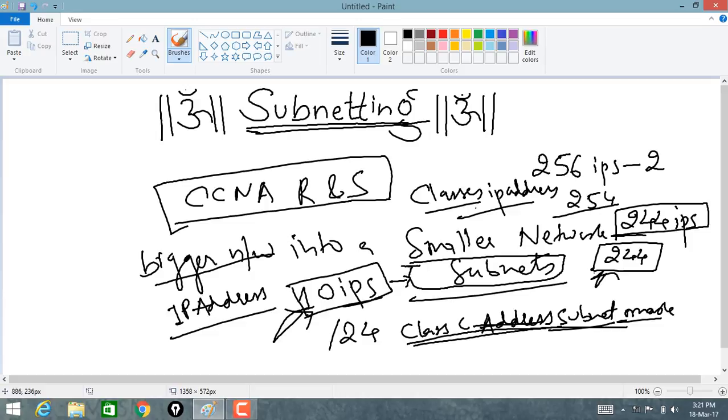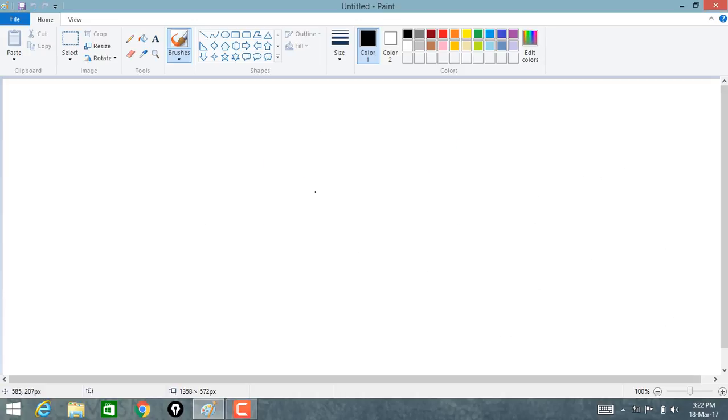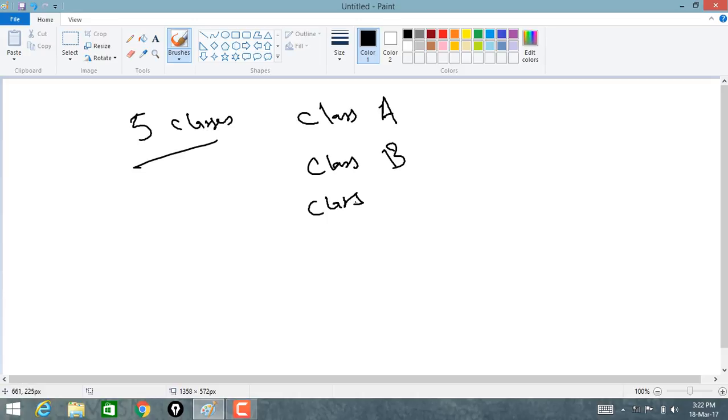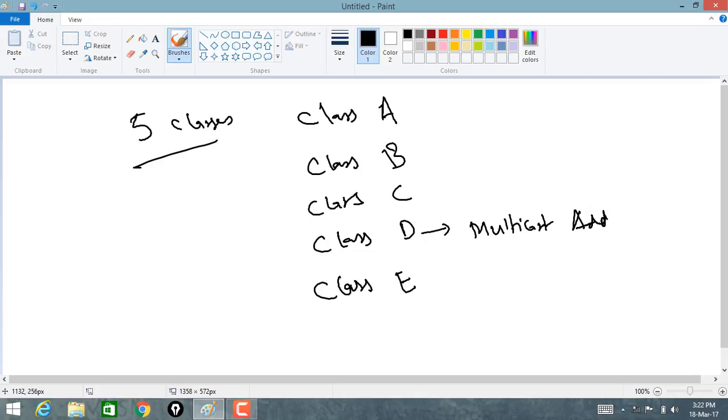Let's see the different types of classes and the default subnet mask of each class. There are altogether 5 classes: class A, class B, class C, class D, and class E. Class D is known as the multicast address, and class E is used for experimental purposes.